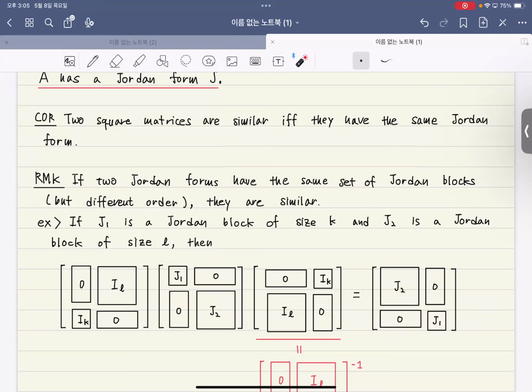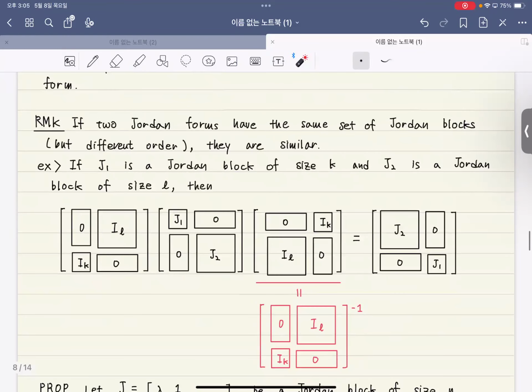Even though it seems like they are not the same, by using some permutation matrices, those two orders can be fixed, and it is very easy to see that this matrix is precisely the inverse of the first matrix. Therefore, in order to discuss the Jordan form, the order of the Jordan blocks doesn't matter too much. What really matters is the set of Jordan blocks that make up the entire Jordan form.